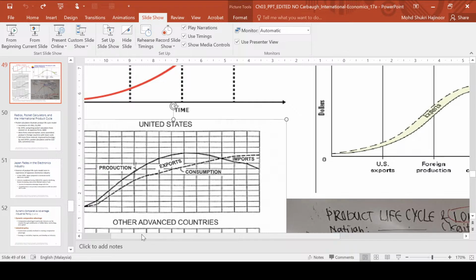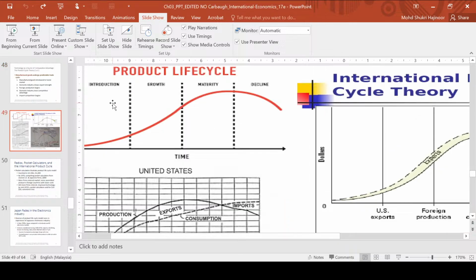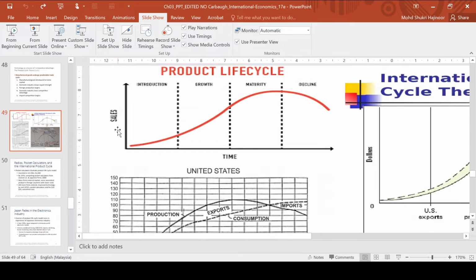See, product life cycle, introduction. So this is being introduced. This is time. This is sales. Very little sales during introduction, and you get to the second stage. Again, let me repeat, doesn't matter.